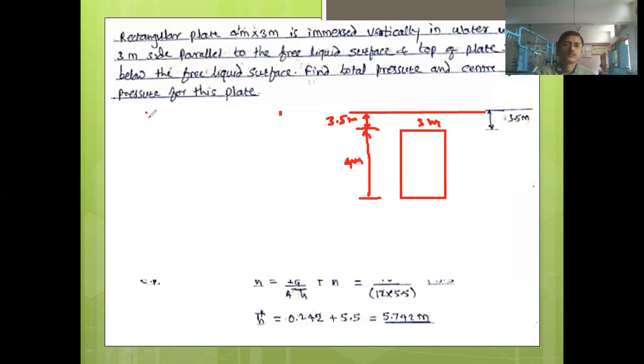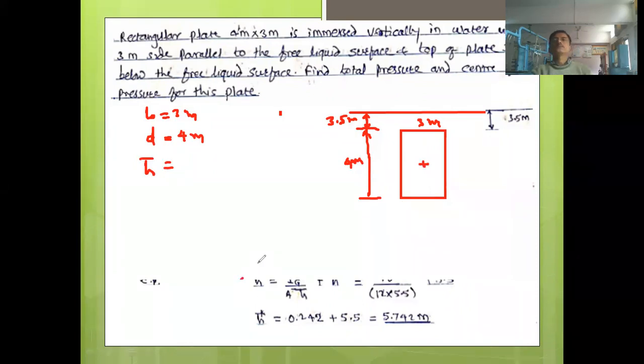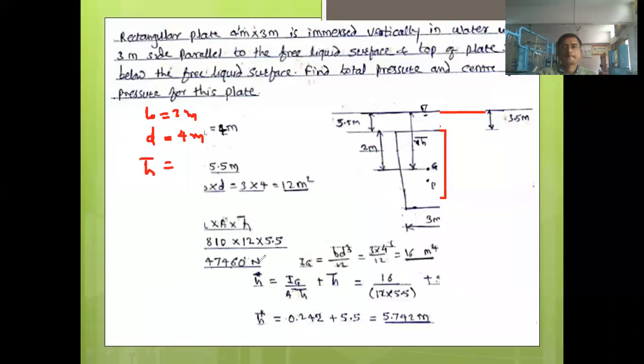Now who will tell me how to find out h bar? What is h bar? Who will tell? What is h bar? 4 by 2, sir. Tell me first what h bar means.